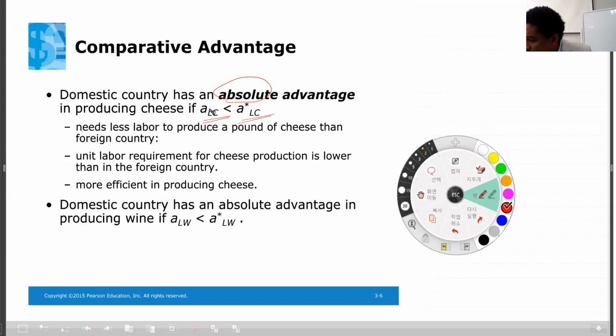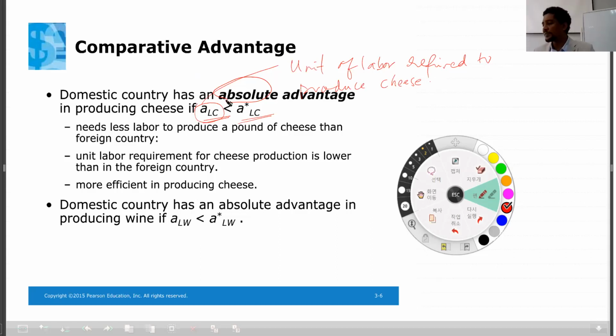Okay, so this a_LC means the unit of labor required to produce cheese. Okay, and this is foreign because we have the asterisk.